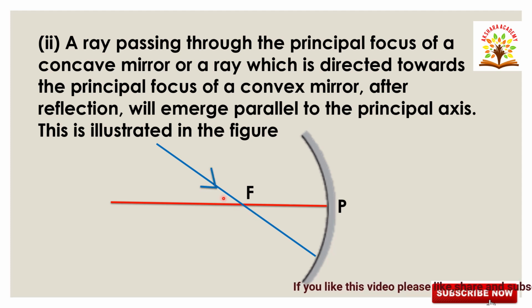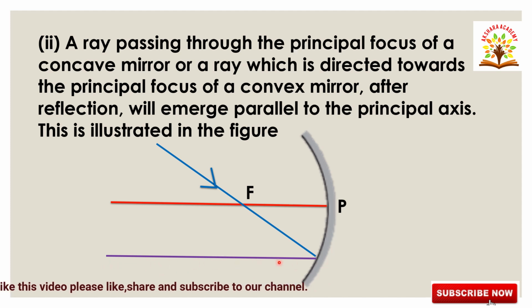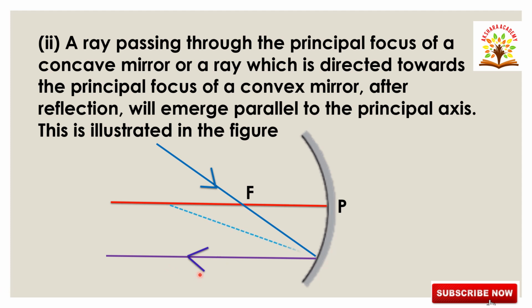Arrow marks indicate the direction of the incident ray, and after reflection the reflected ray, this is reflected ray which is parallel to the principal axis, and this arrow mark indicates the direction of the reflected ray, and this is the normal, and we are representing the angle of incidence and angle of reflection, angle I and angle R. Okay, this is about the second rule.